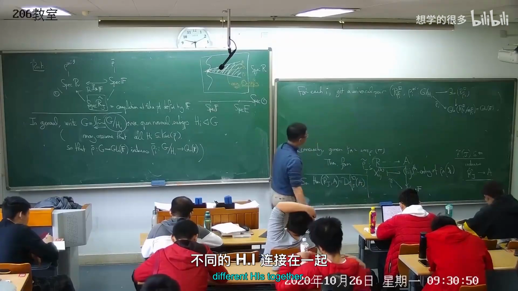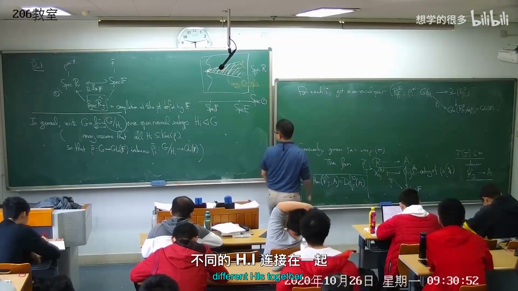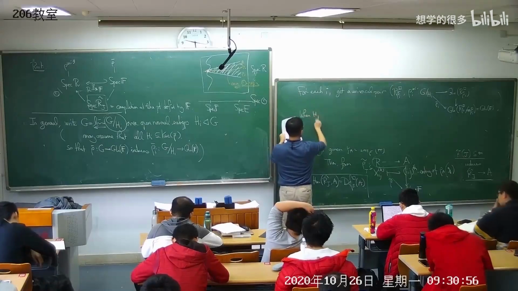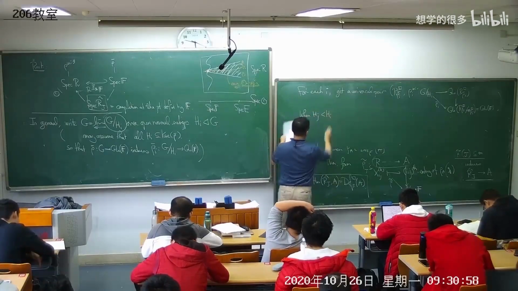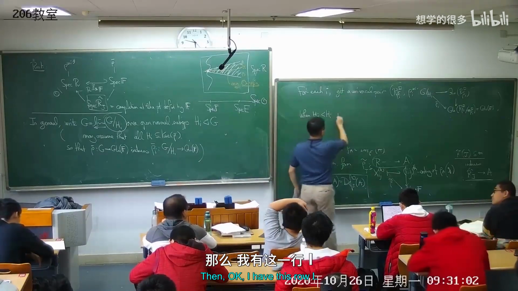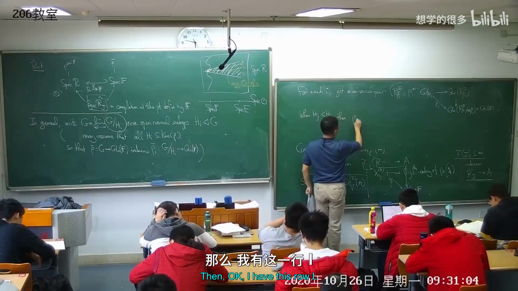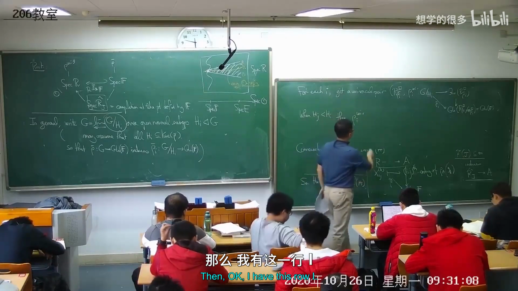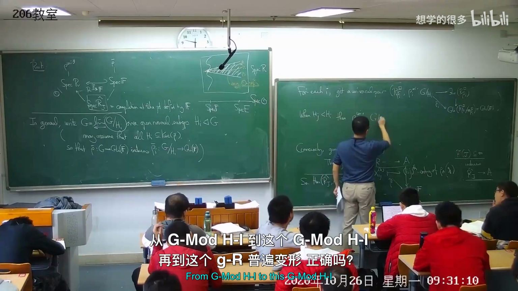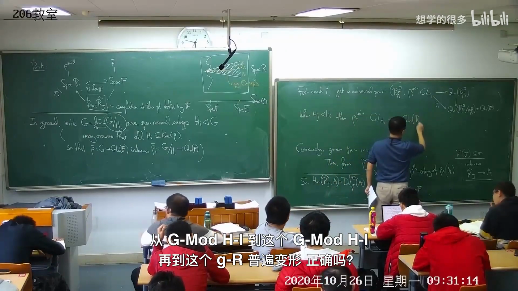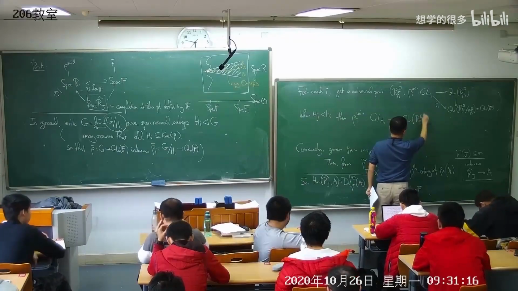Now I want to link different H_i's together. If H_i is a subgroup of H_j, then I have this rho_i from G mod H_i to this GL_n of R, the universal deformation ring, right?